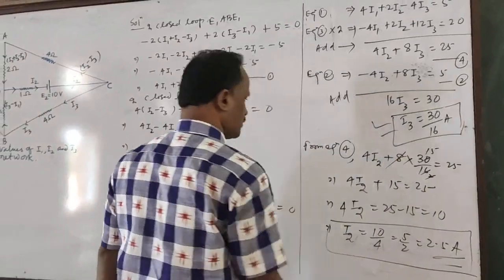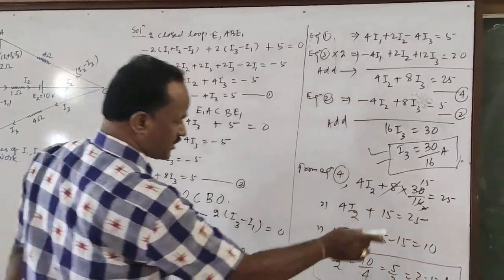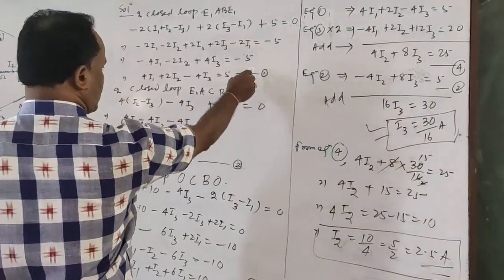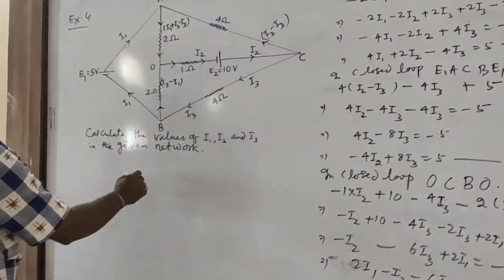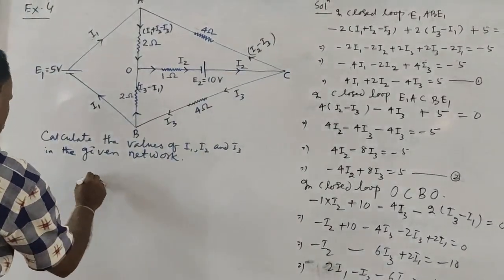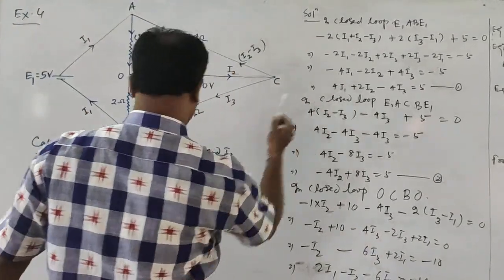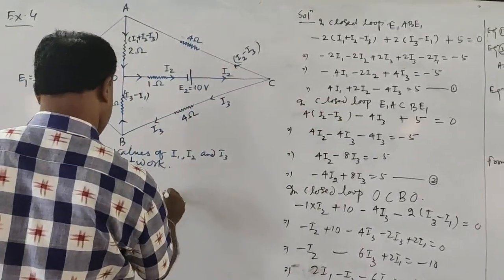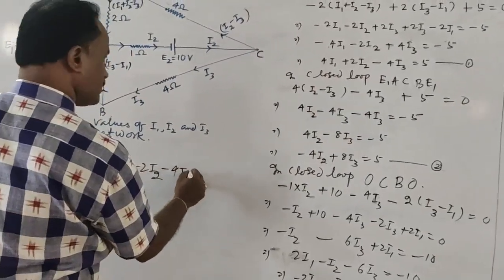To find the value of I1, substitute the values of I2 and I3 in any one equation, like 1 or 3. Substituting in equation 1: 4I1 plus 2I2 minus 4I3 is equal to 5.